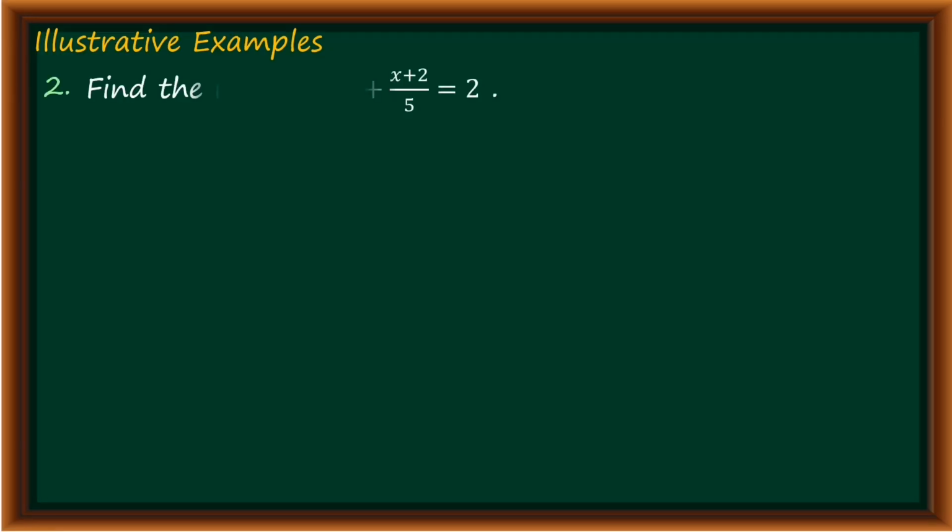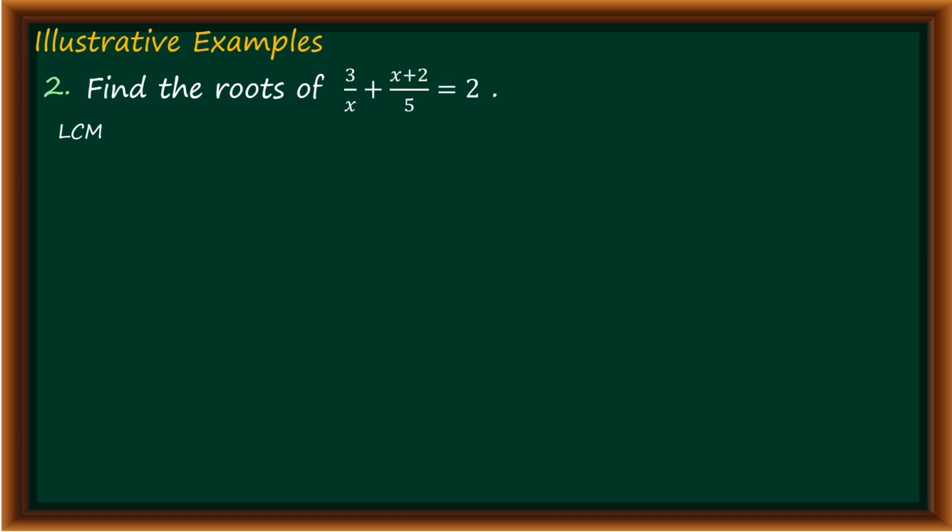Alright, number 2. Find the roots of 3 over x plus 2 over 5 is equal to 2. This is a rational equation that can be transformed into a quadratic equation. To solve this equation, we need to get first the LCM of the denominators x and 5.